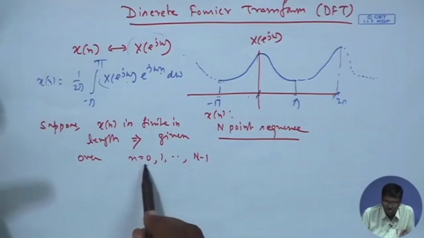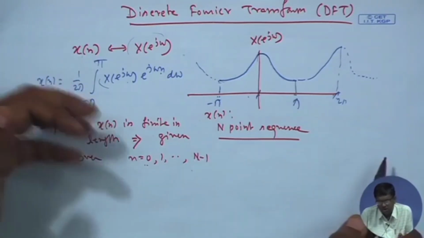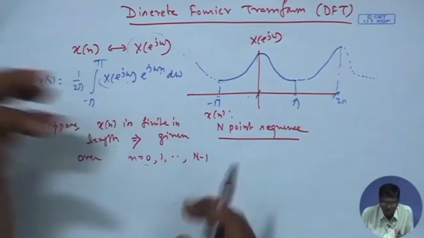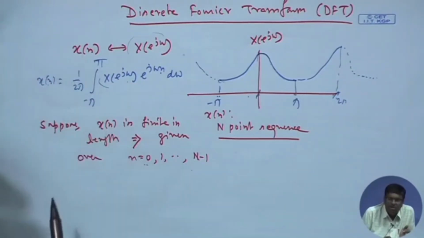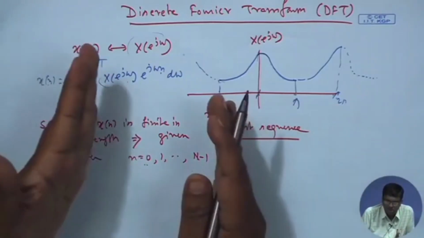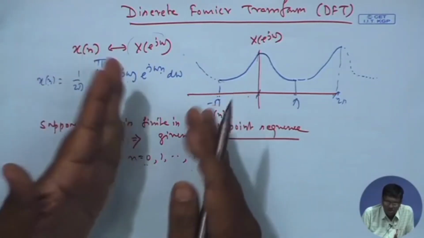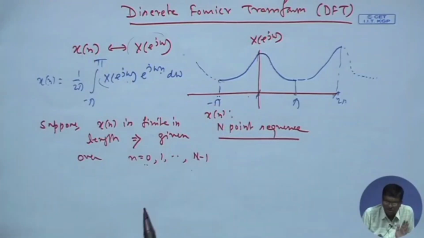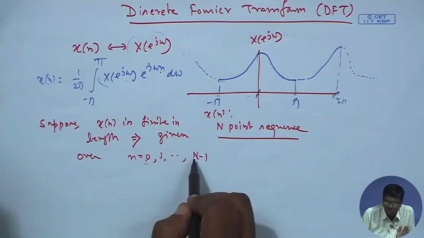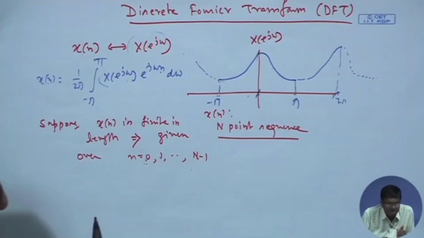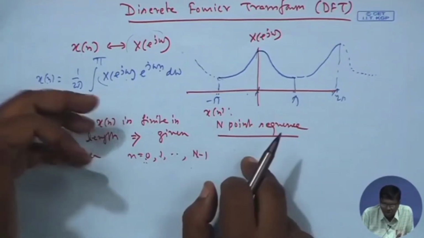Outside the window from 0 to N minus 1, it is all 0. Within this window only you have non-zero values of x[n]. It is not infinitely long, it is only finitely long over this region 0 to N minus 1. So, the total length is N points, counting from 0 up to N minus 1, and we call it an N-point sequence.